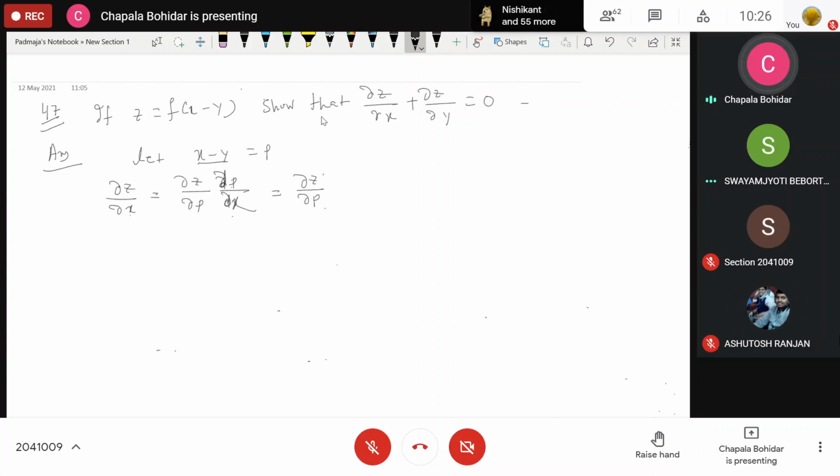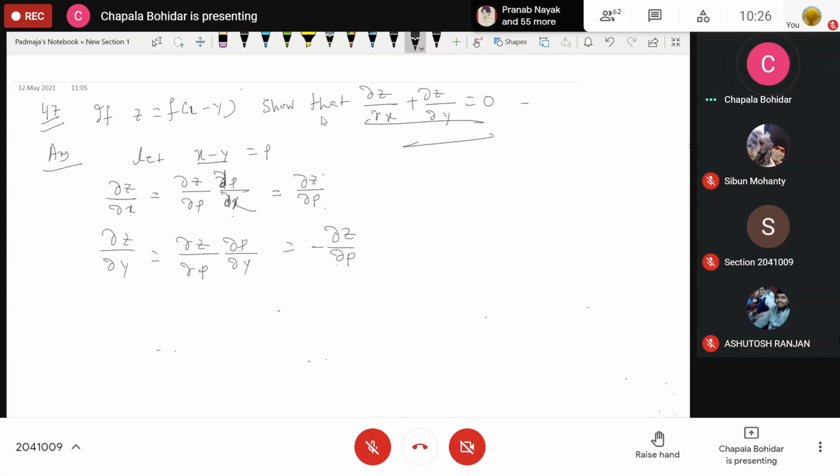So similarly, del z by del y is equal to del z by del p, then del p by del y. So del p by del y is -1, so it is your minus del z by del p. So we get this is equal to 0 by substituting these two values. Clear? Yes, ma'am.